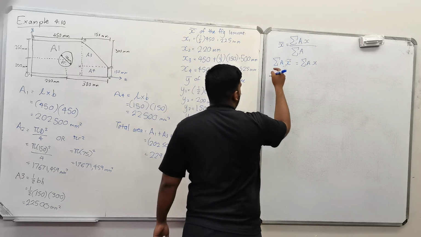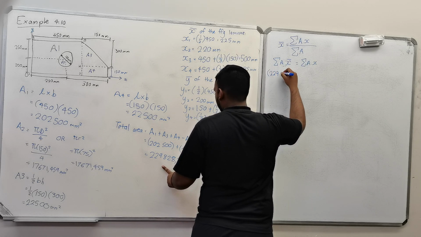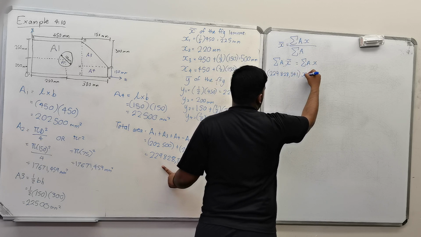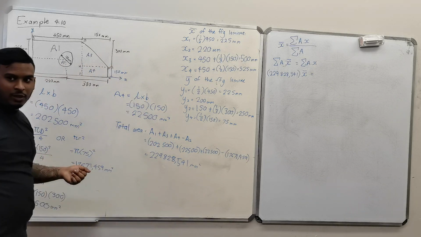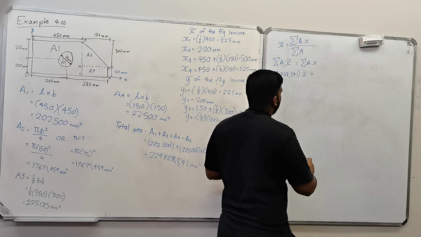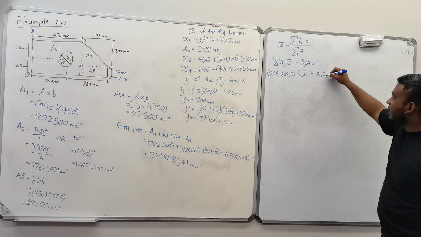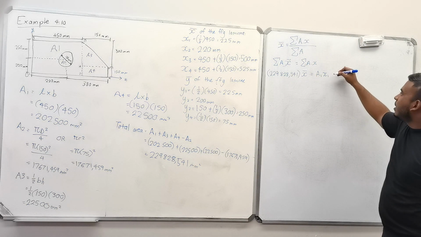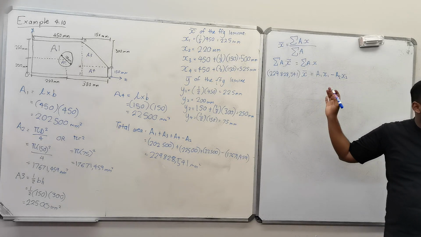This value here we worked out at 229,828.541 times x bar is equal to, now we have to do each shape. Now we're looking at x values. This here is going to be a1 times x1, minus a2 times x2, because remember that's a hole.